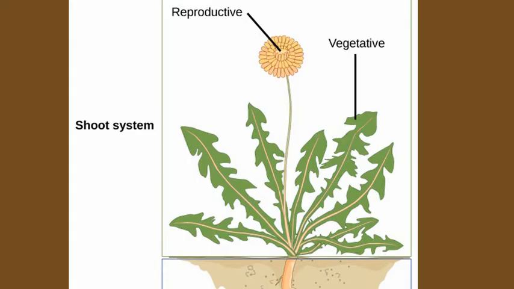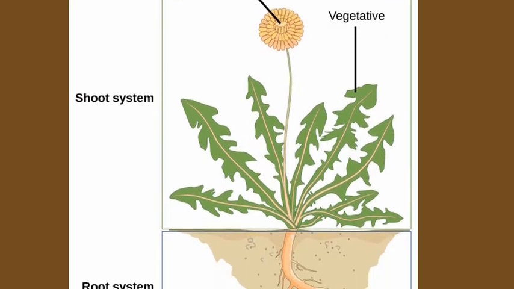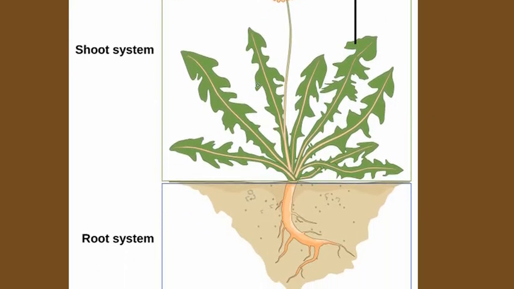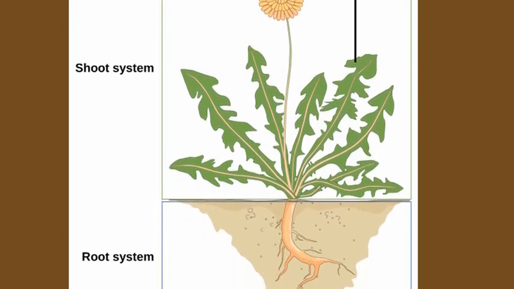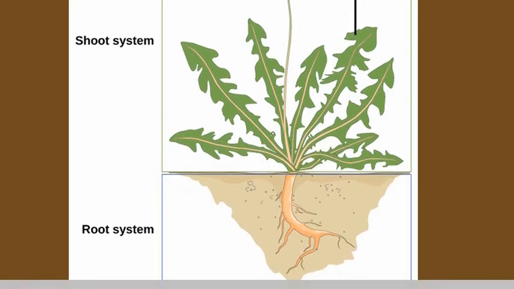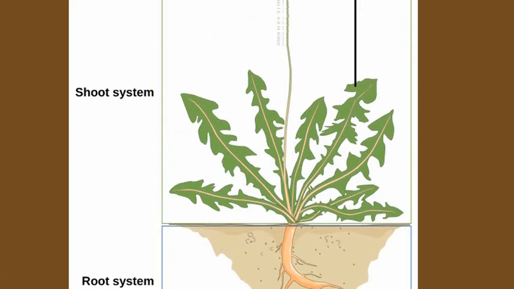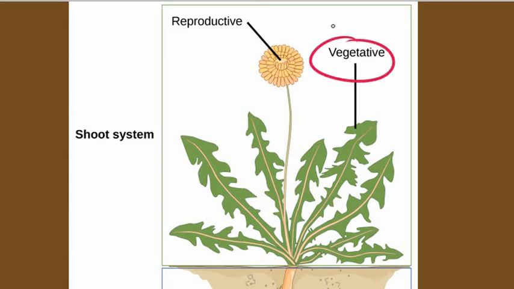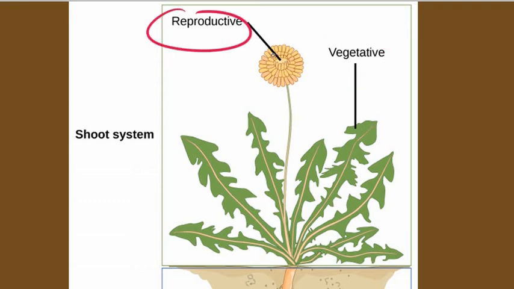Okay? So first, by looking at the photo class, we have two types of system. Vascular plants have two distinct organ systems, a shoot system and a root system. It is divided by the land, the soil. The shoot system consists of two portions, the vegetative, non-reproductive parts of the plant such as the leaves and the stems, and the reproductive parts of the plant which include flowers and fruits.